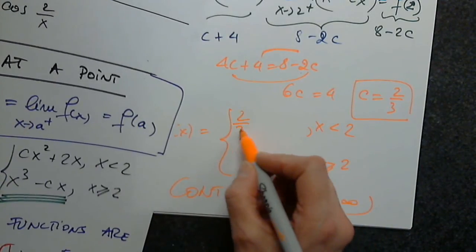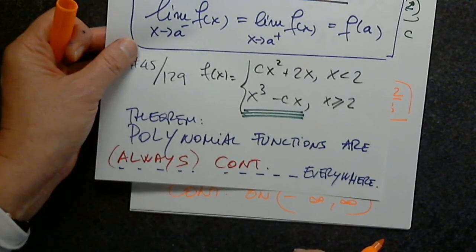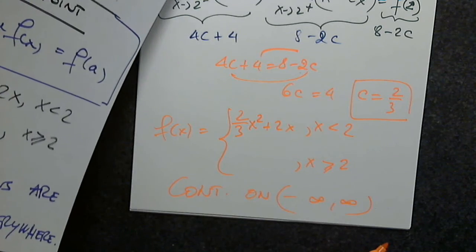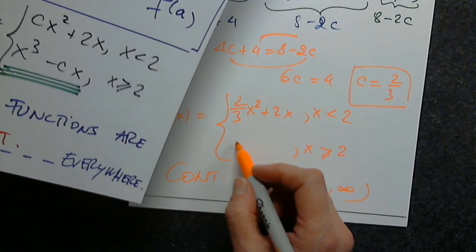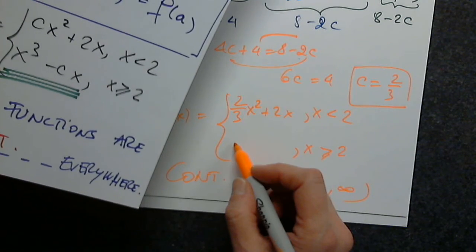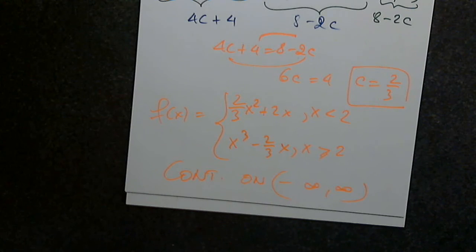Very good. Plus 2x. And the second branch? That's it. Do you think that this function is continuous everywhere?